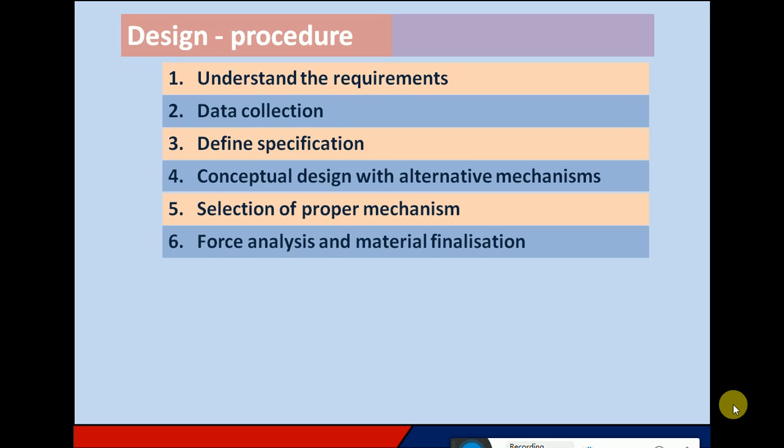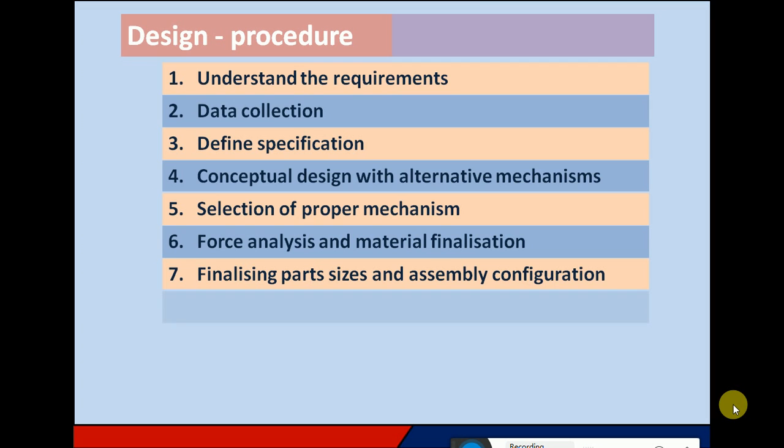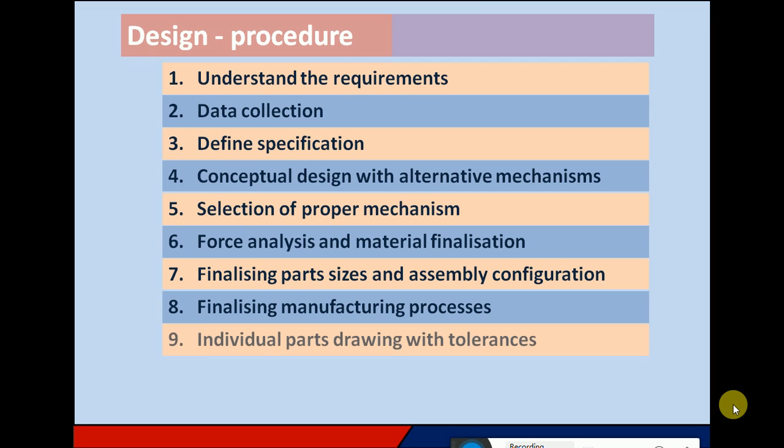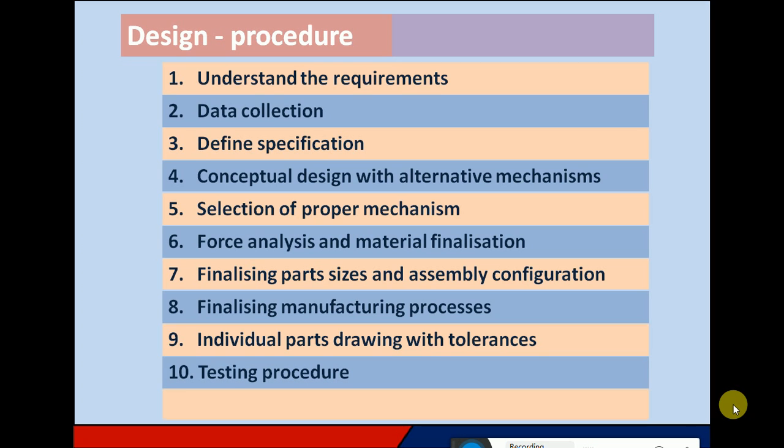Sixth, force analysis and material finalization. Seventh, finalizing part sizes and assembly configurations. Eighth, finalizing manufacturing processes. Ninth, individual parts drawing with tolerances, tenth, testing procedures, and eleventh, trial testing after manufacturing and modifications. We will see one by one.